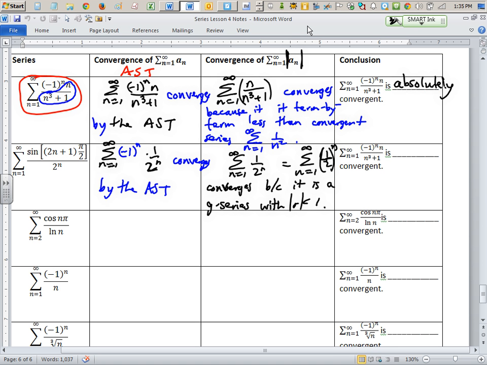Is that true? No, the rule is P series converge when P is greater than 1. P series converge when P is greater than 1, and G series converge when R is less than 1. Okay, cool. It's all coming back to you now? Definitely. All right, now this one, again, we got convergence in both cases, so this is absolutely convergent.